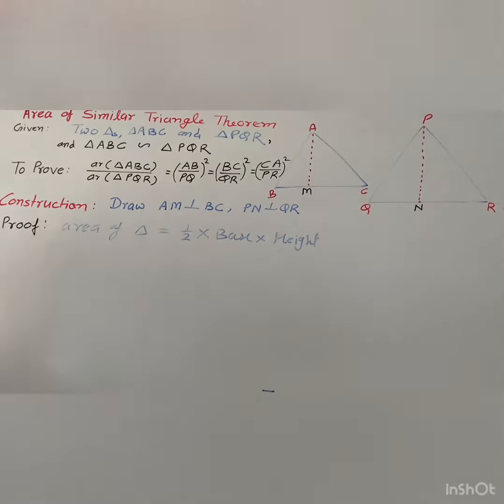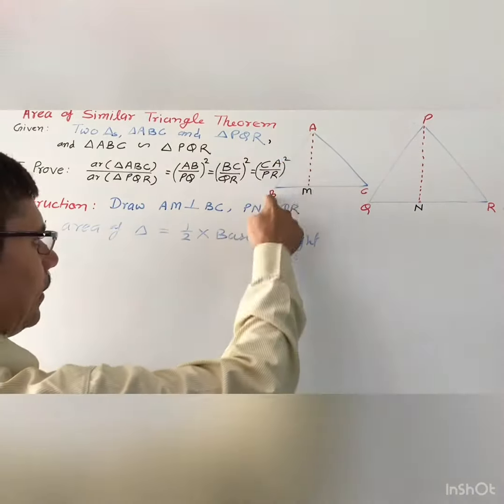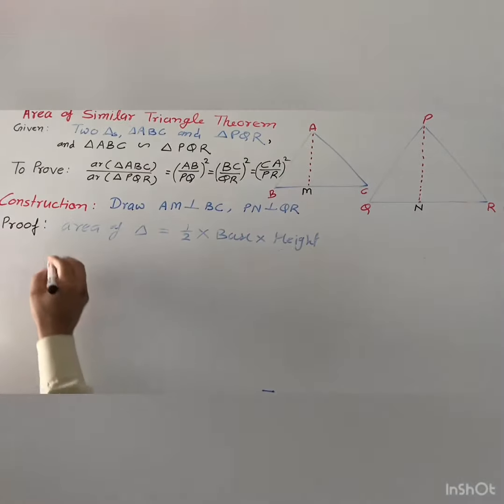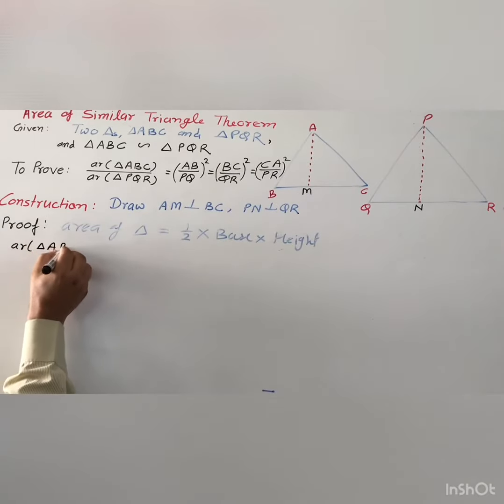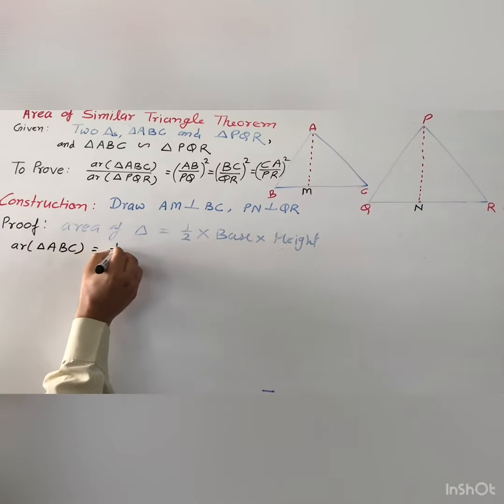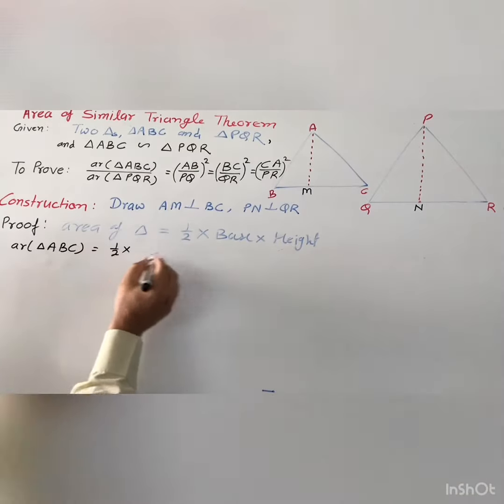So here area of triangle ABC is 1/2 into base.